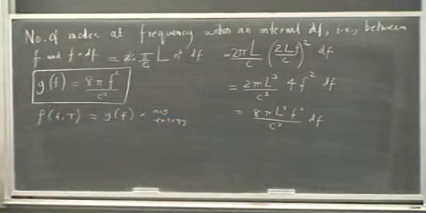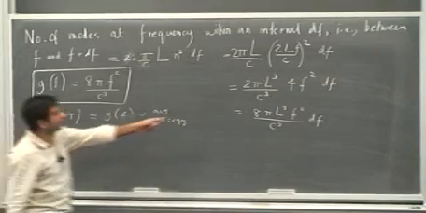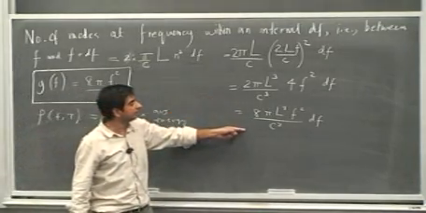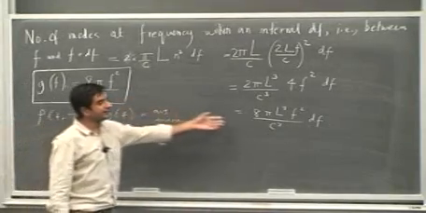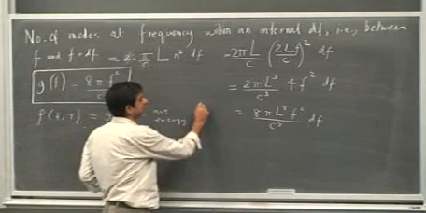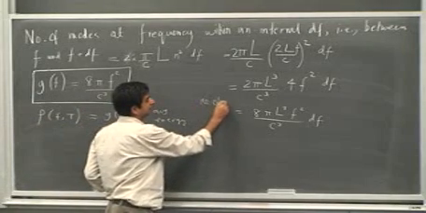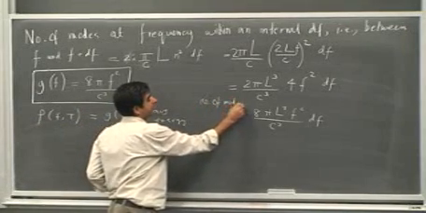How did you get from the df term, 8 pi L cube f square over c cube, to that 8 pi f square over c cube? यहाँ से इधर कैसे आया? ये नंबर ऑफ मोड्स है ना, in df.